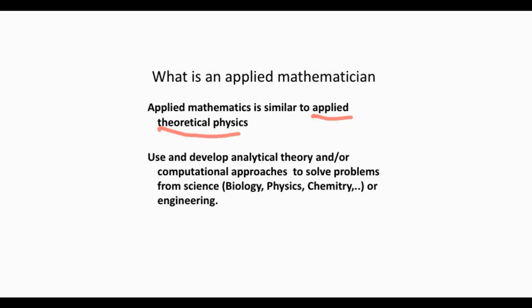But basically, this is somebody who is using and developing analytical theory, that is, mathematical equations, and computational approaches which are either analytical, that is, how to derive the solution of an equation, which is usually very hard and almost impossible.